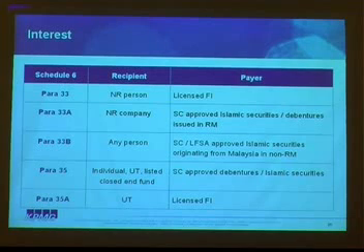Schedule 6, paragraph 33, the recipient is a non-resident person. The payer is a licensed financial institution, either licensed under the BAFIA, Banking and Financial Institutions Act, or the Islamic Banking Act. Paragraph 33A, the recipient is a non-resident company, and the payer essentially is a type of security.